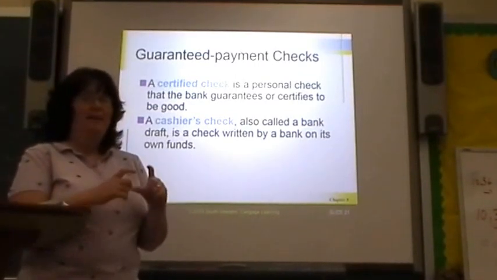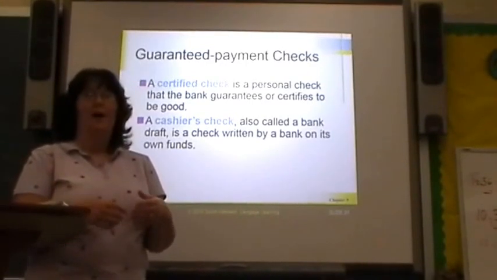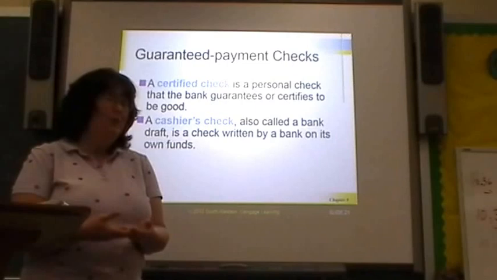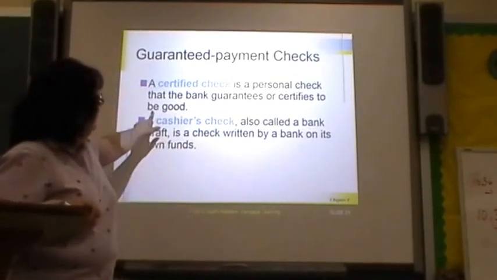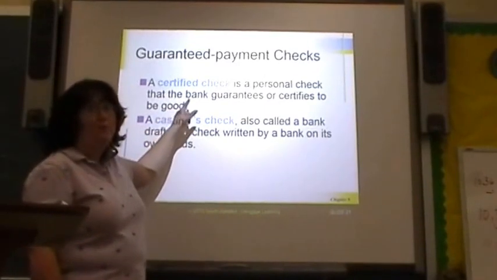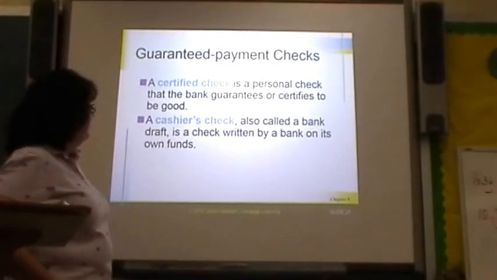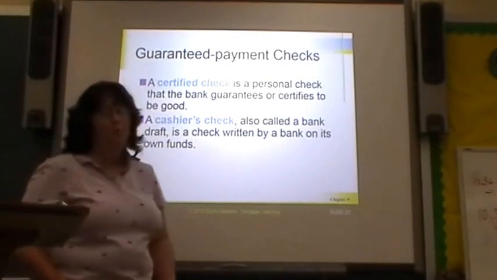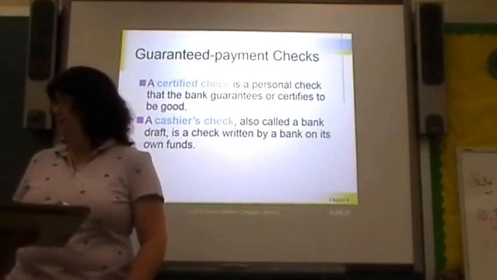They may get a certified check from the bank and take it to the car dealer, and the car dealer would feel a little bit more confident taking that check, since it's certified by the bank. They know the funds are there. A cashier's check, also called a bank draft, is a check written by a bank on its own funds. So the bank is standing behind it on its own funds.